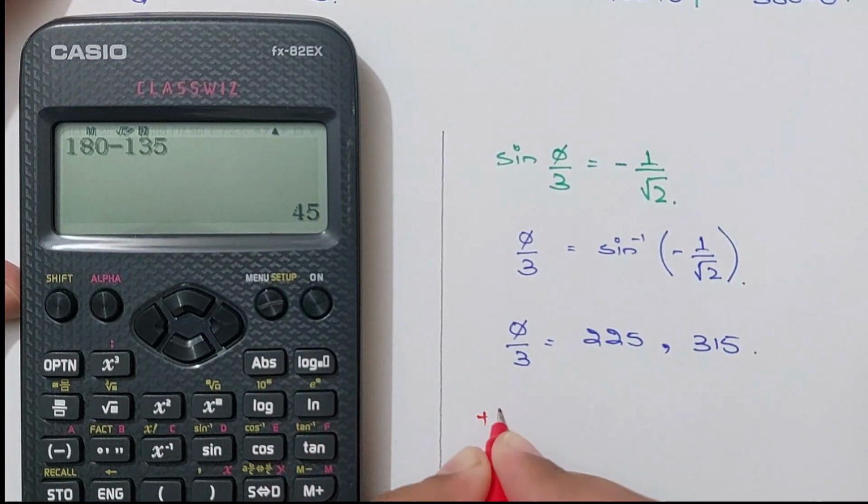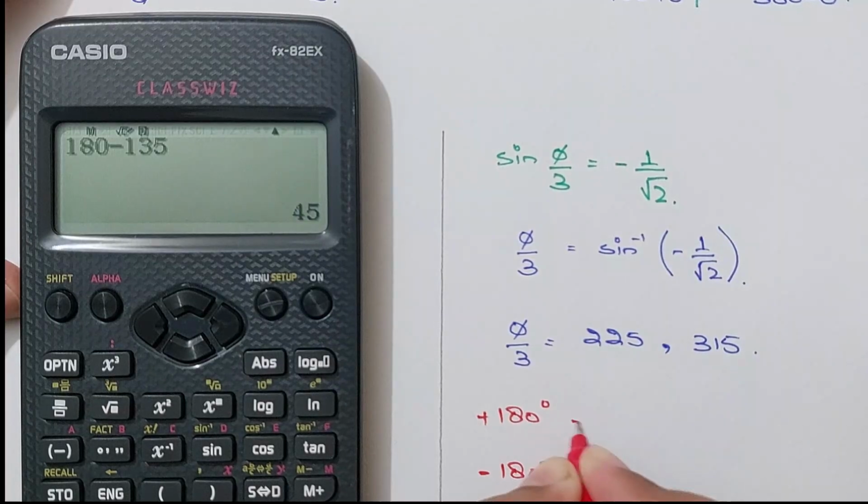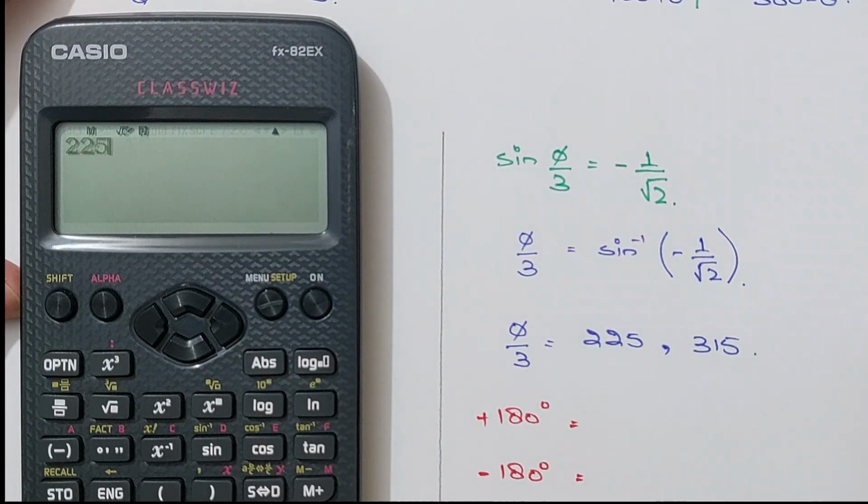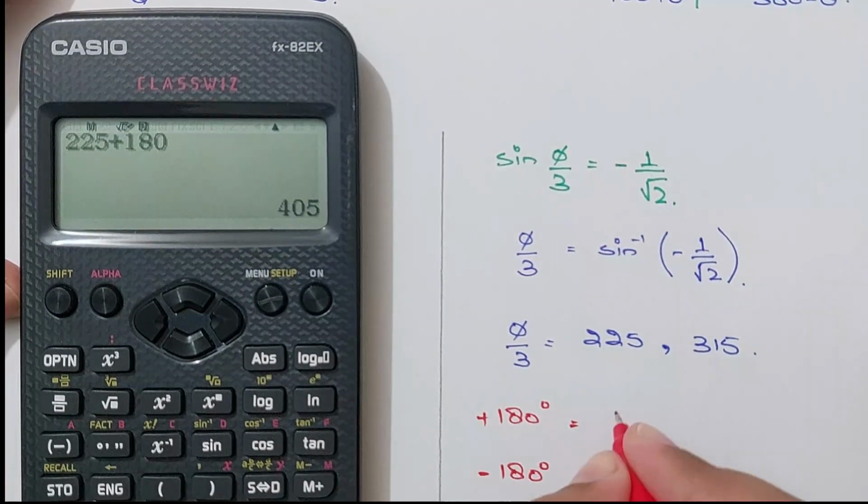Adding 180 again and subtracting 180 here. 225 plus 180 is 405.